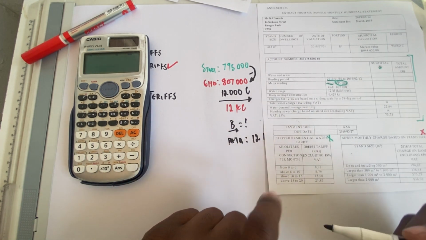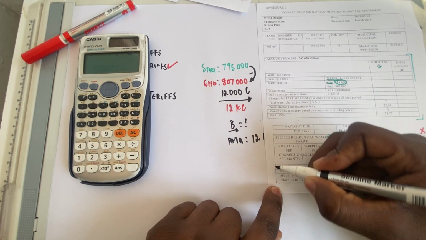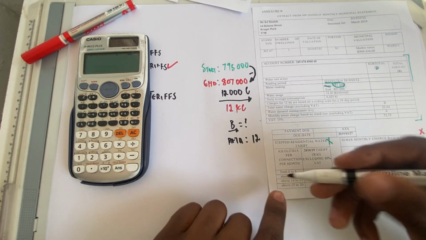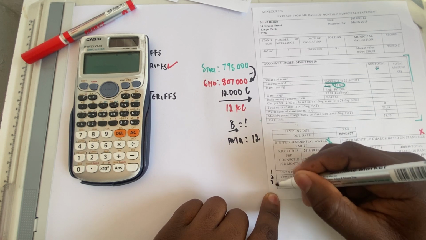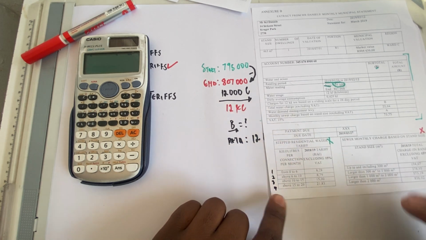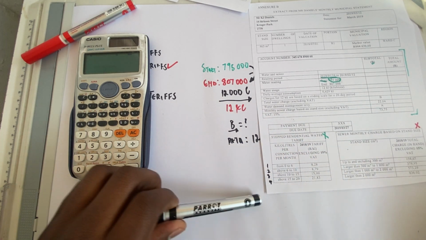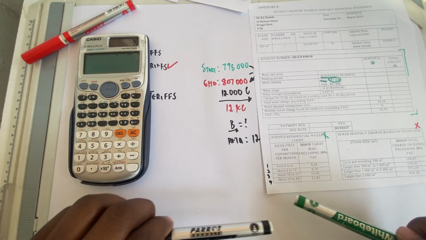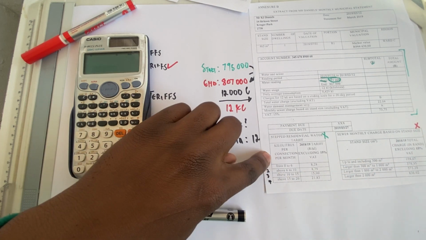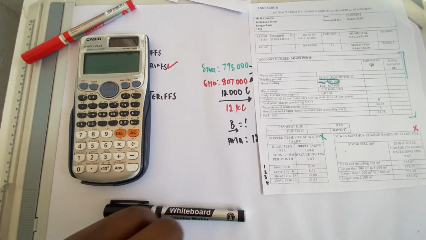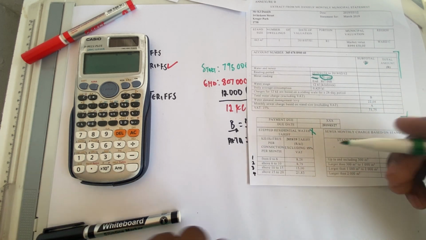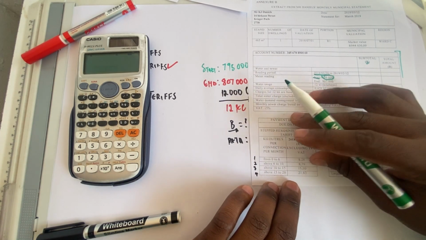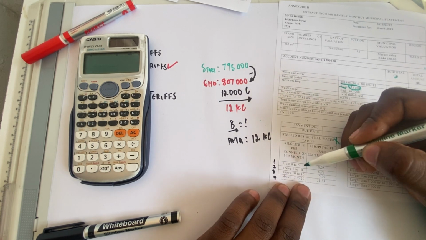I'm going to put them on my column as 1, 2, 3. So if this is 1, this is 2, this is 3, this is 4. Before you reach the fourth one, you're supposed to go past the first, the second, the third, until you reach the fourth. So now, let's look into it. We have 12 kiloliters to spend.